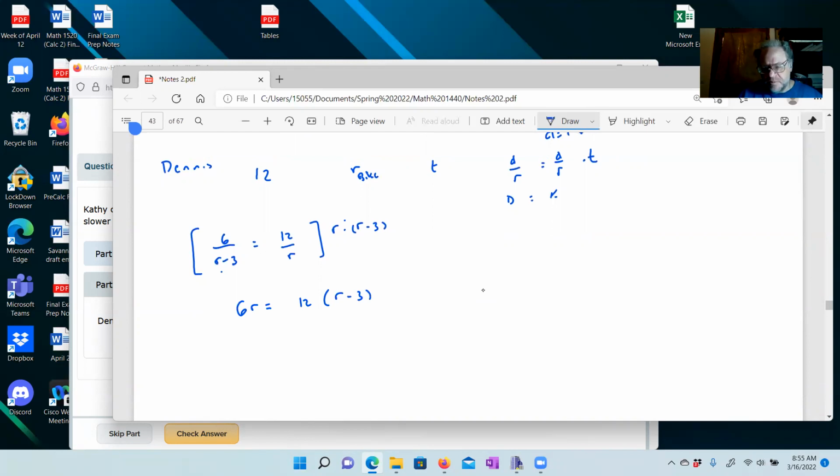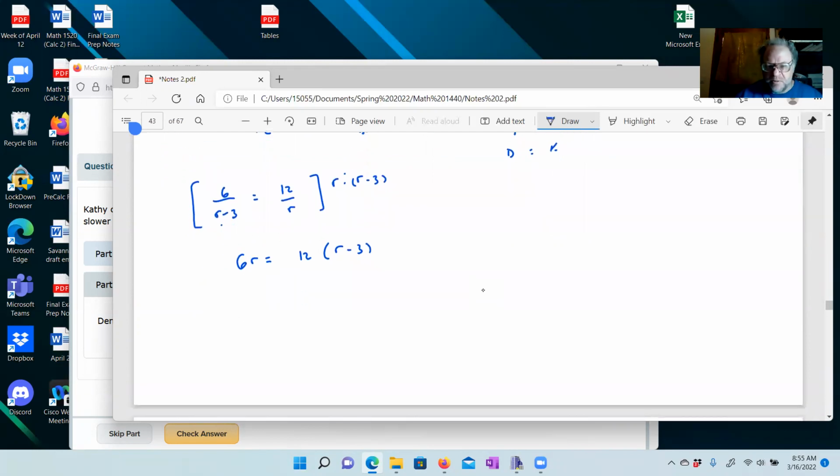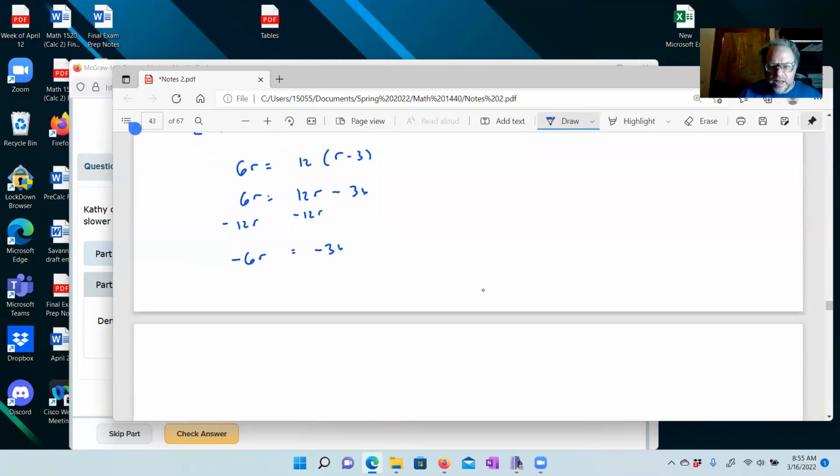So 6R is equal to 12R minus 12 times 3, 36. Subtract 12R from both sides, and we get negative 6R equals negative 36. Divided by negative 6, divided by negative 6. So we have R is equal to a positive 6 miles per hour.